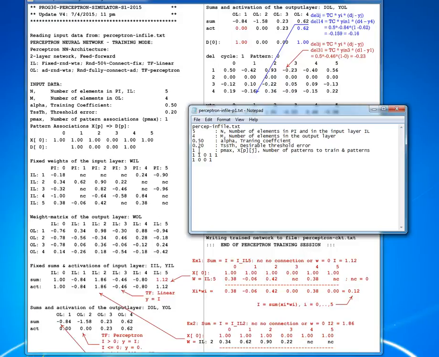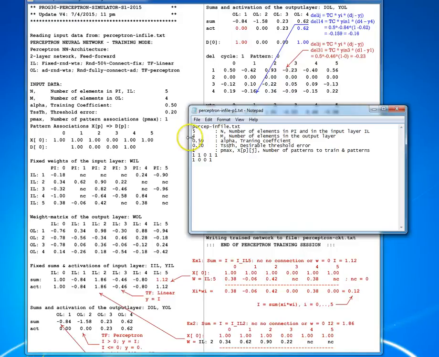On the other hand, if you want to use it in application mode, when the number of patterns is more than 2, you will skip all the printing of the details of training. So in that case, you can use it for application purposes. But if you want to understand it, you just run with one pattern. In that case, it will display all the details.